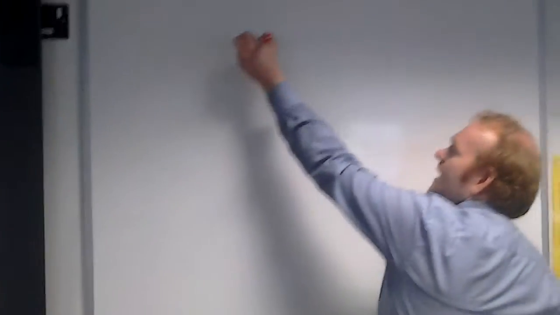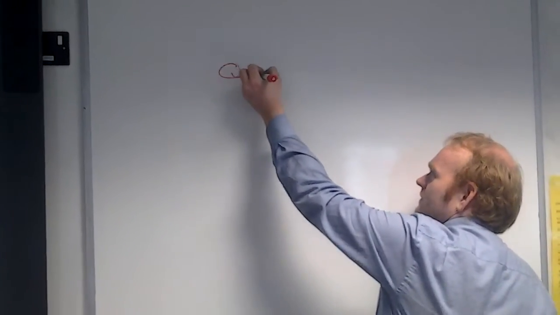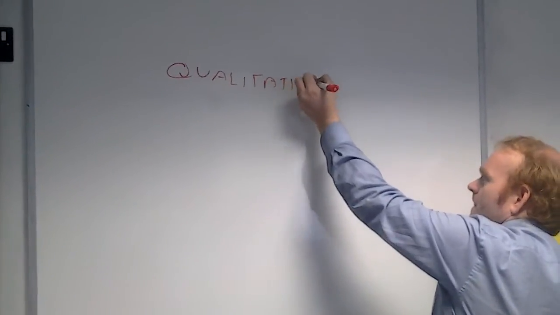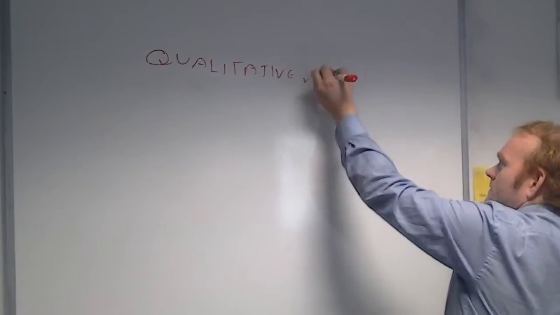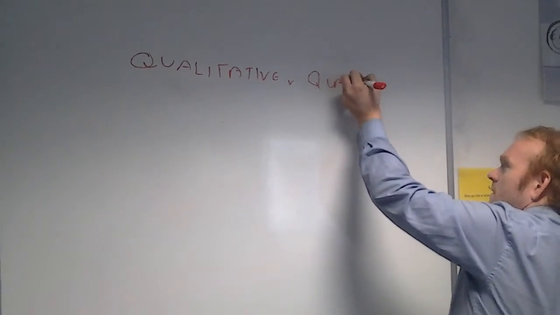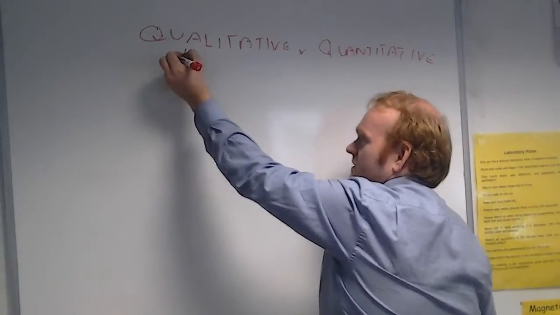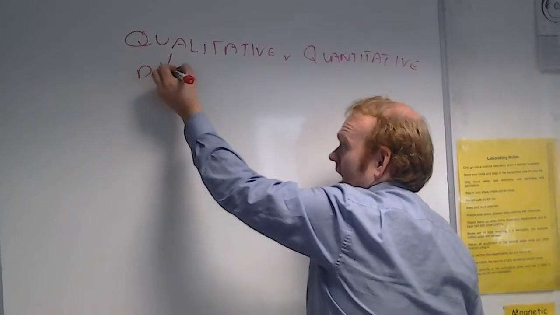We are going to look at the difference between qualitative and quantitative analysis. Qualitative gives us a description, so it tells us if an ion is there or not.